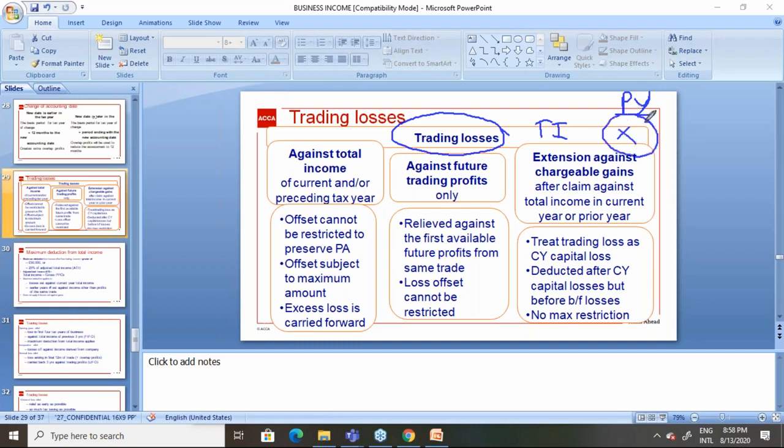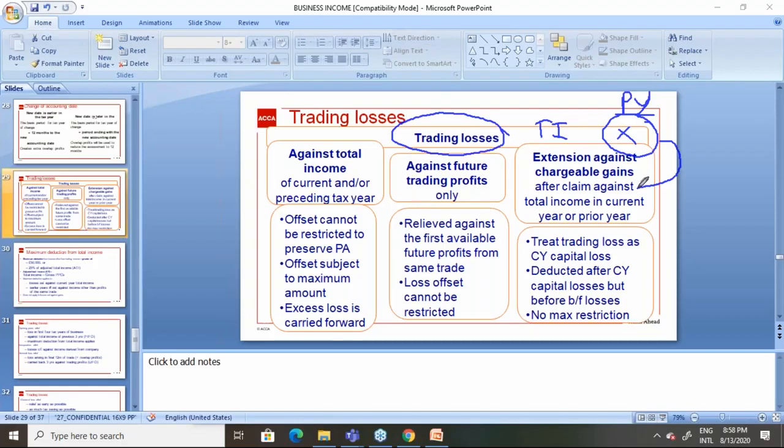If there is any unrelieved amount, only the balance can be set off against the previous year chargeable gain. So if you want to set off your trading losses against chargeable gains, you cannot do it at once. First, you should try to set it off against the total income of the previous year. Then only you can use the previous year chargeable gain.